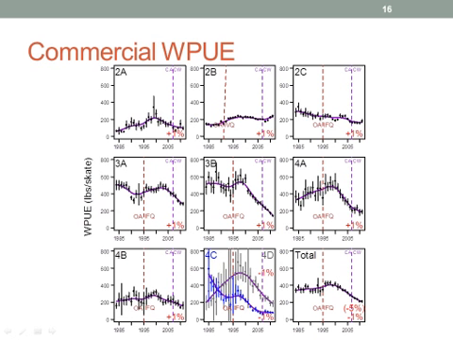And even though you can't tell from here, Area 2C actually had the largest commercial. Oh, I'm sorry, no, it was the survey. So the survey WPUE was higher in 2C than it had been for the first time. Area 3A still has the highest commercial WPUE, and that's been consistent ever since the western areas have come down from those early times.